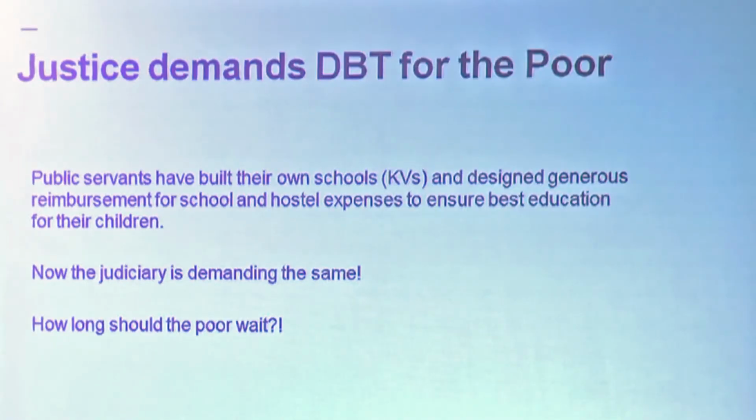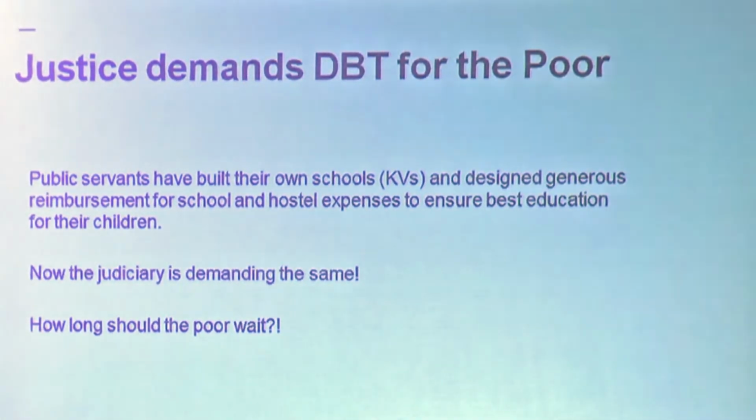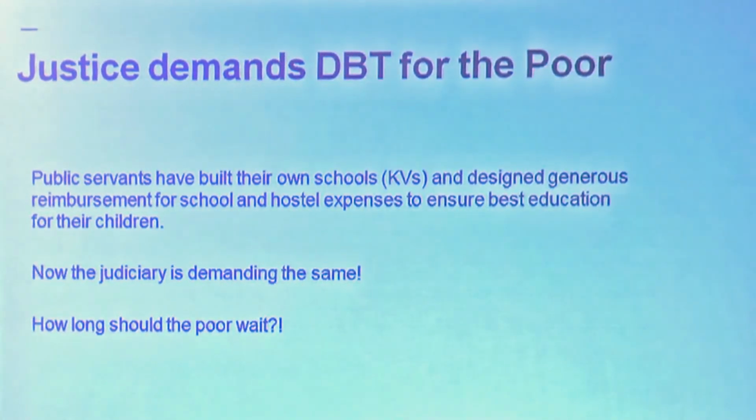And the last point is what I mentioned earlier, that government has done quite well for itself. I know this is not a research-based argument. It's an advocacy argument. But it's true when you look around, the government has taken care of its own people. They have a separate tier of school system for themselves.